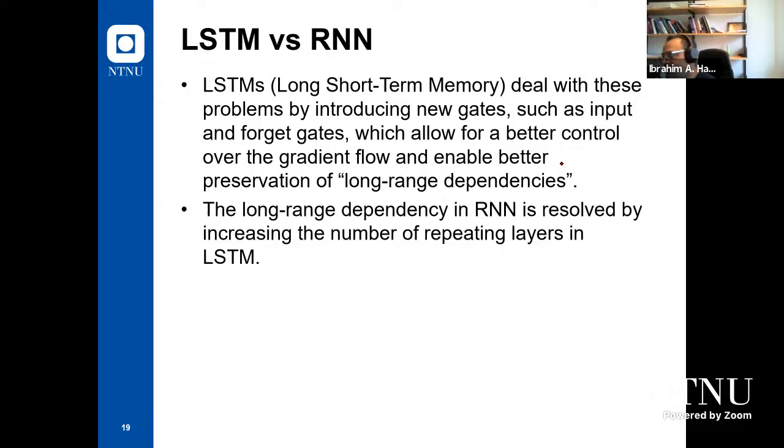So it's much better in terms of learning because of those gates. Those gates can help us to control the flow of gradient. So the long-range dependency problem in RNN is resolved in LSTM by its repeating layers.